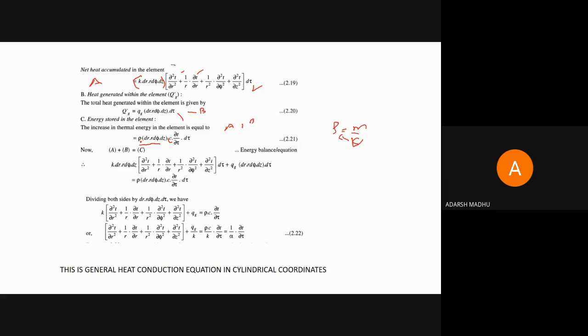A plus B equal to C, right? So A part is K into dr into r d phi into dz into that term dou square T by dou r square plus 1 by r into dou T by dou r plus 1 by r square into dou square T by dou phi square.